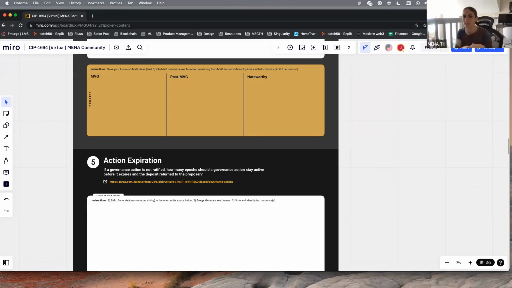My initial hunch was like, if it didn't get ratified, send it back. But then what's to stop them from putting it in again? So I think some space would be good to kind of, as a consequence, maybe, you put in $1 million ADA for a governance action that wasn't well thought of, it didn't get voted in, your funds are held for 2 epochs, for example. Or at least one epoch.